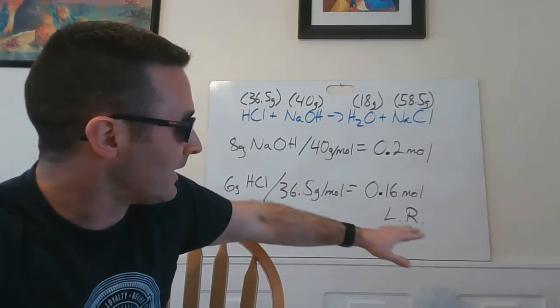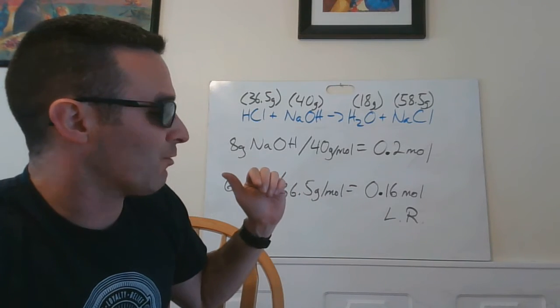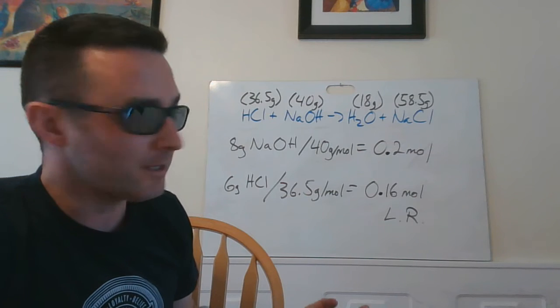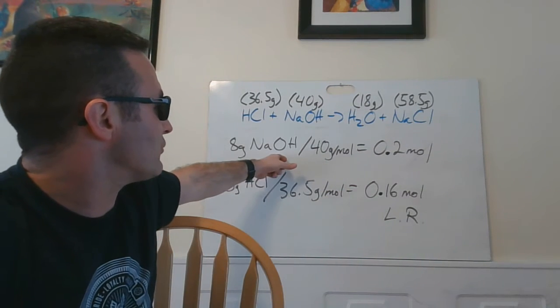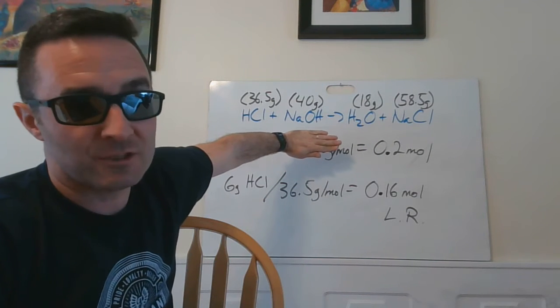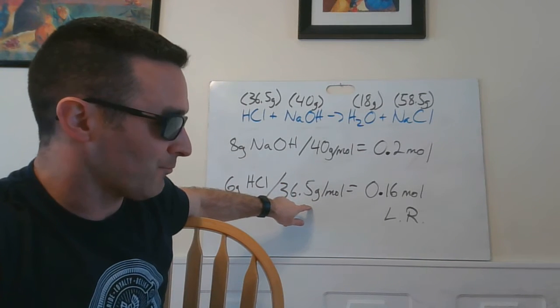The nice part here is that when you're figuring out how much water and how much sodium chloride you're going to make, you don't have to do your math based on the sodium hydroxide and the hydrochloric acid. You can ignore this when you do the math method. You can focus on this because you know it's your limiting reagent.